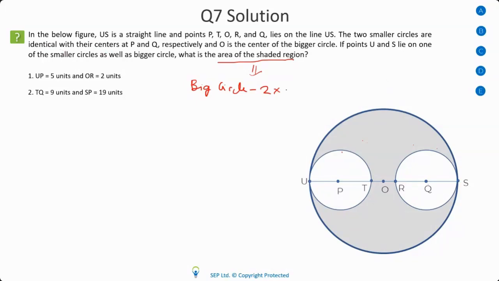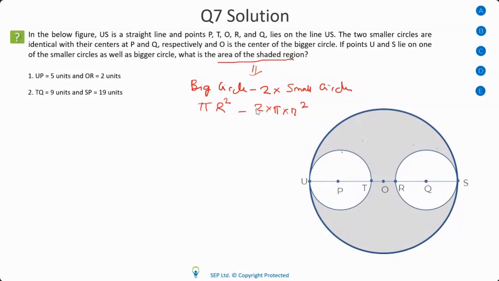So 2 times the area of the small circle. Area of the big circle can be written as pi capital R square minus 2 times pi small r square. So to find the answer before going into the statements, it's pretty evident that we need the radiuses. If you don't know the radiuses, we will not get the answer.